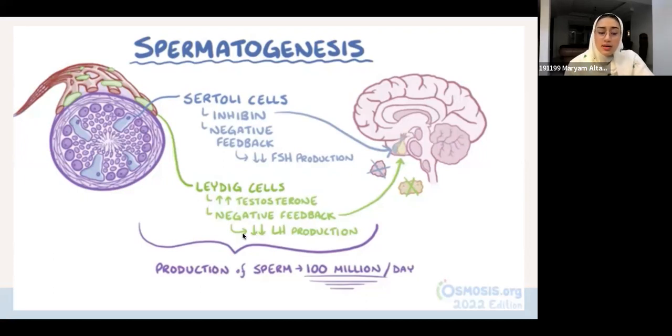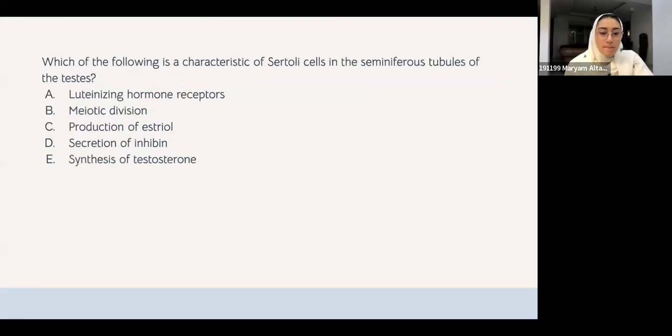So this is just negative feedback in this case. Once it decreases, our FSH and LH are going to increase again and then start this whole process. Okay? Is that clear for everyone? Yep. Any questions so far? All clear? Okay, amazing.